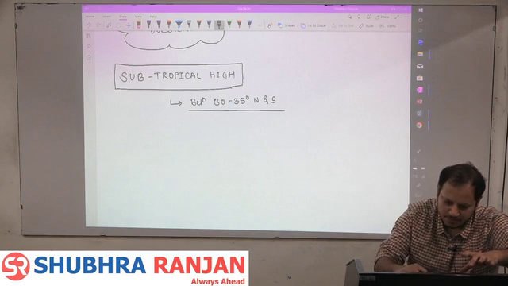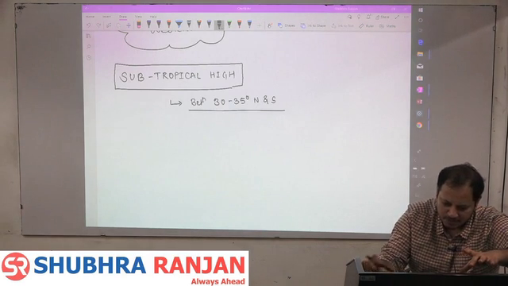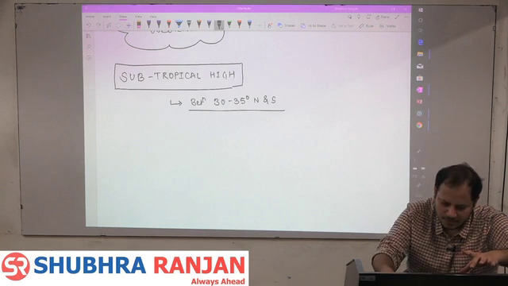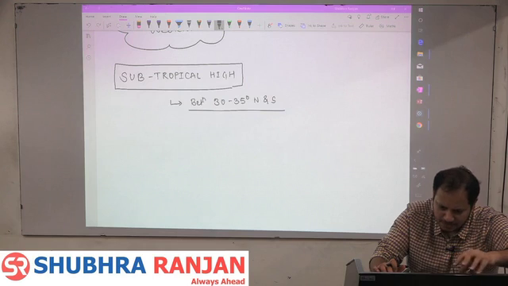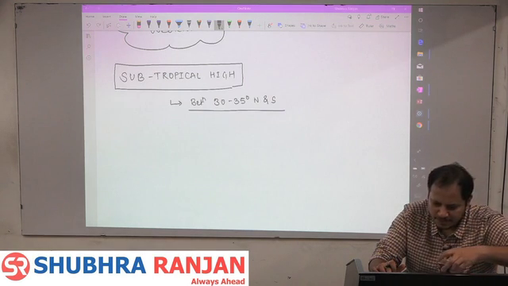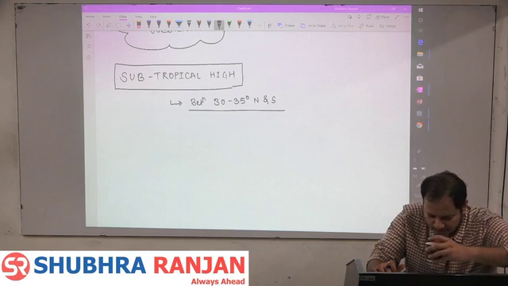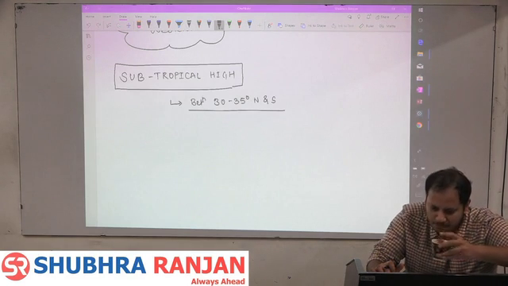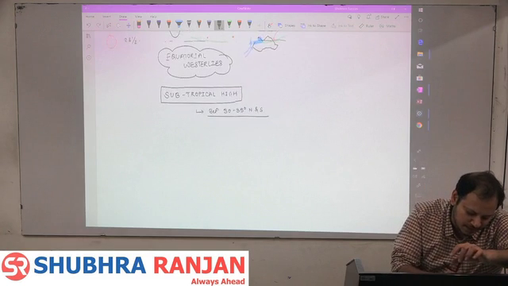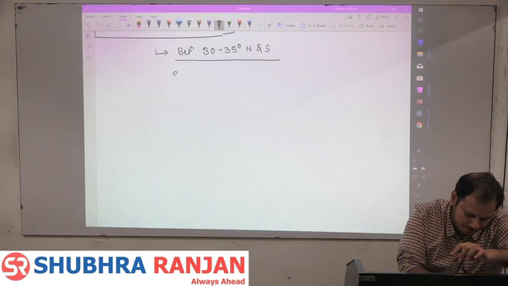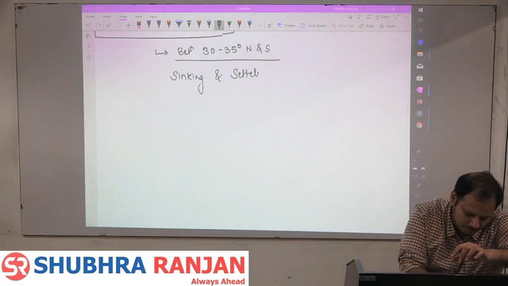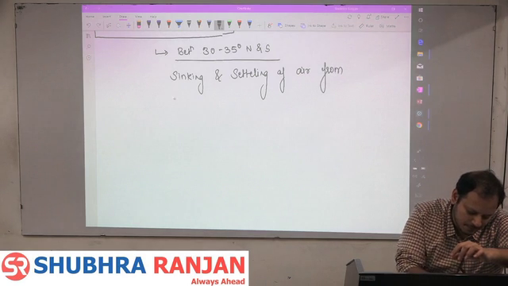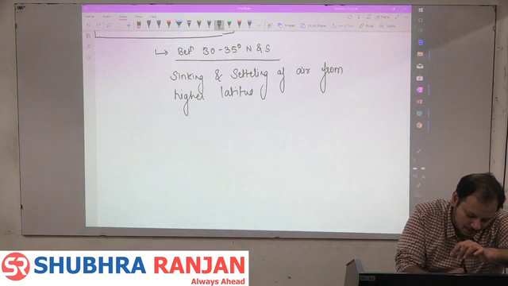This region is a dynamically induced high pressure belt, dynamically produced high pressure belt, because of sinking and settling of air from higher altitude.